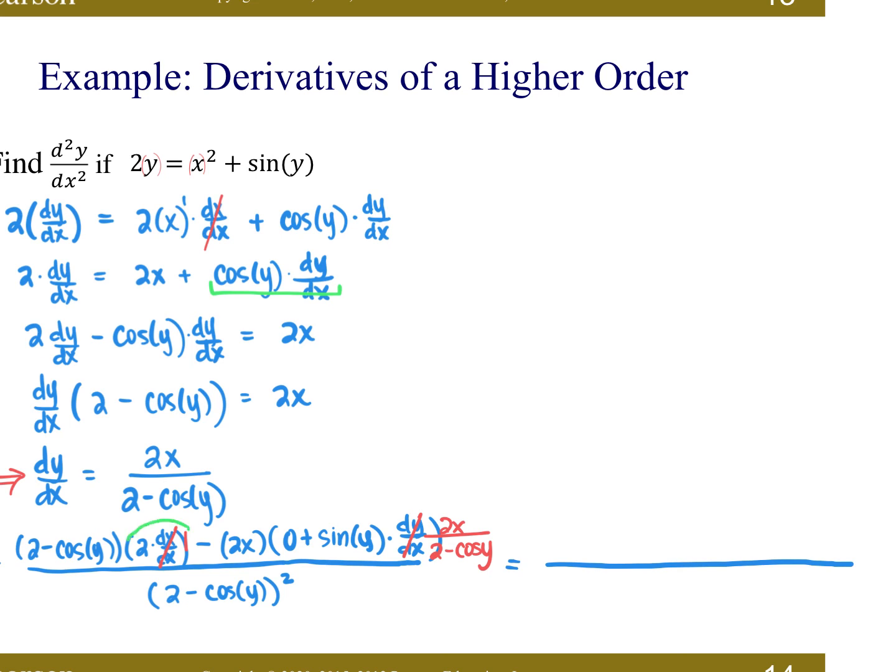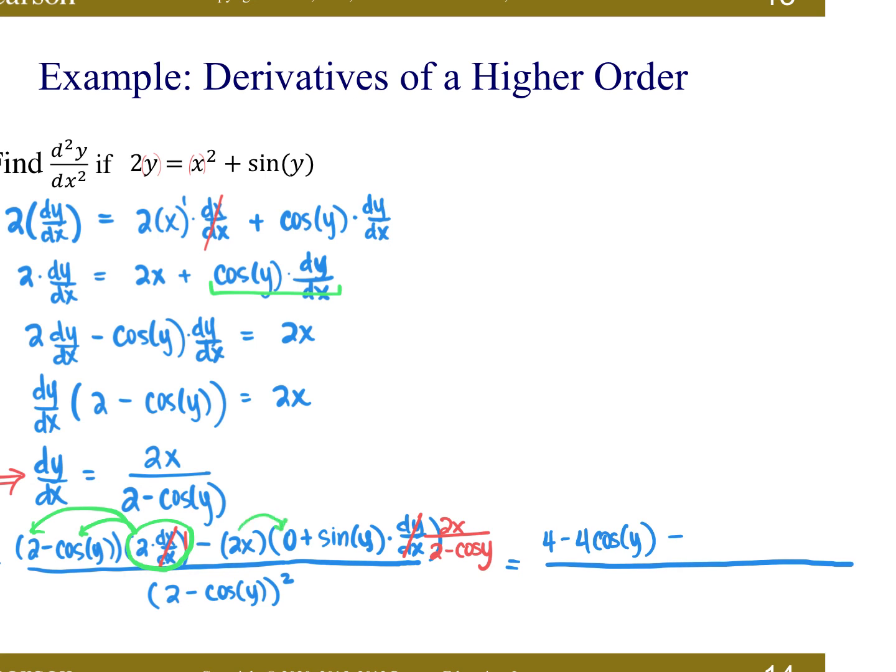Remember, this term right here will now just be the number 2, and it will need to get distributed as I'm simplifying my quotient rule. So I'll have 4 minus 4 cos y. And then my next term, when I combine everything and simplify it all together, I'll have minus.